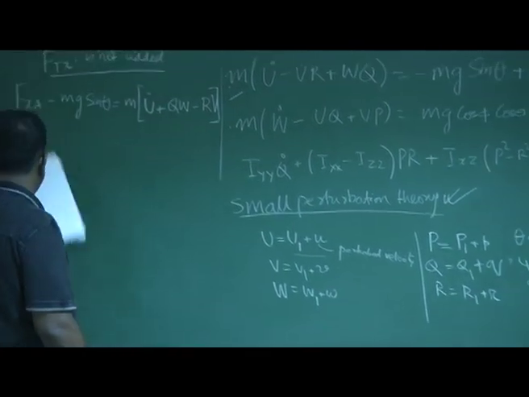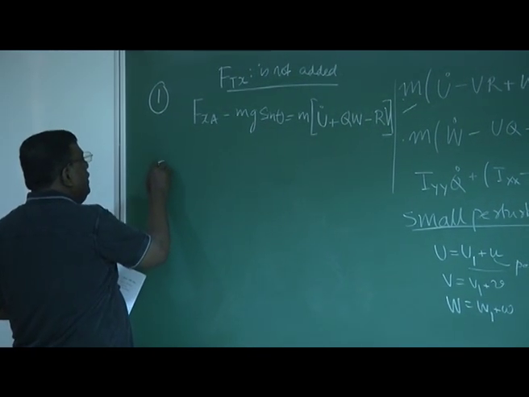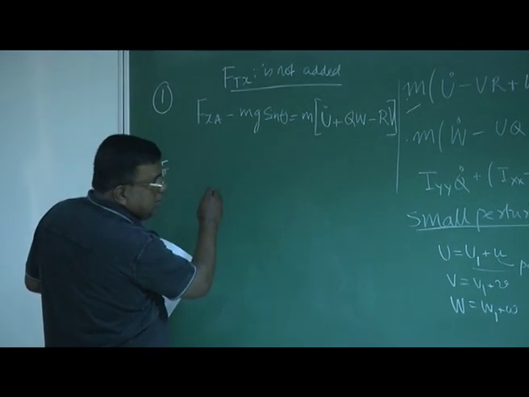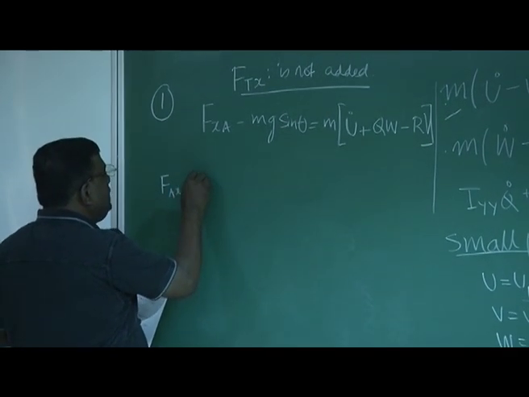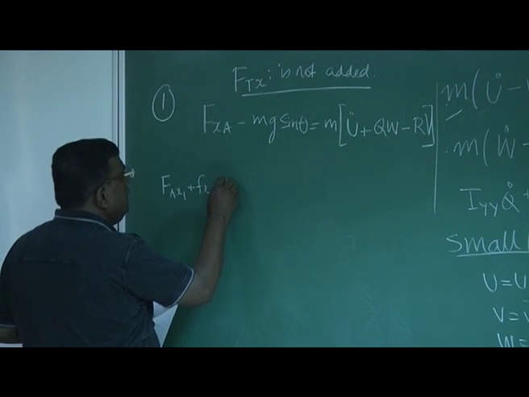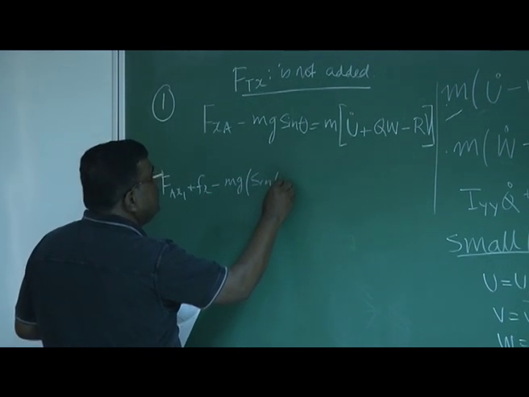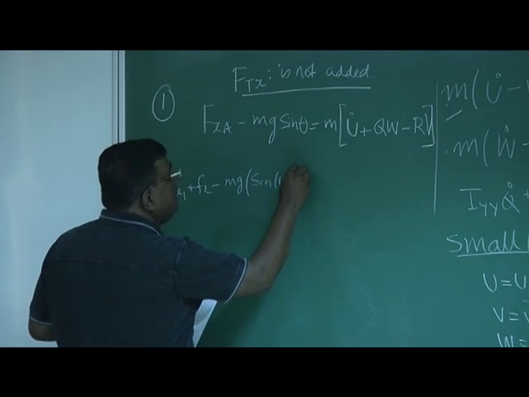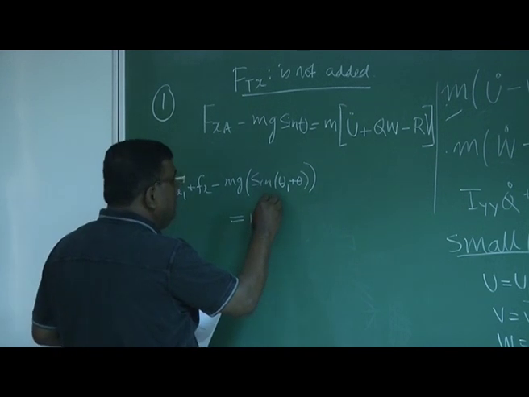Now I'll just substitute here. For f(x), I'll write fax1 plus fx, minus mg sine theta, for which I will write sine of theta 1 plus theta. Very mechanical. Don't get upset with so many terms. It is very, very simple.